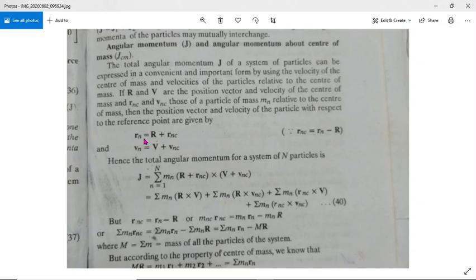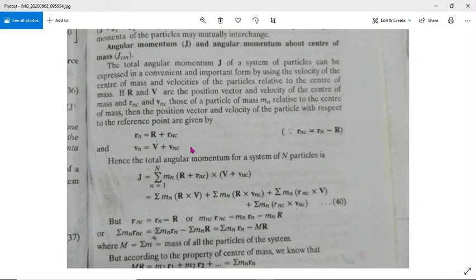Okay, so Rn is the position vector with respect to the reference point. Then Rn is equal to R plus Rnc, and Vn equal to V plus Vnc.